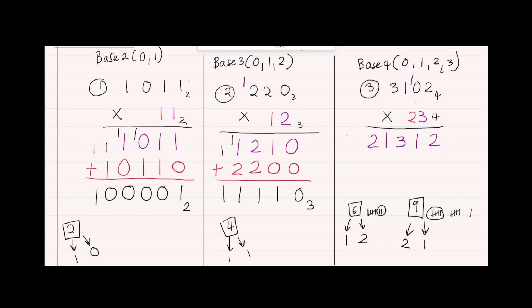Moving on to the second row, 0 as placeholder. 2 times 2 is 4. 4 cannot be written in base 4. So I'm going to ask myself, how many sets of 4 can I get from 4? That's going to be 1 set of 4 with a remainder of 0.